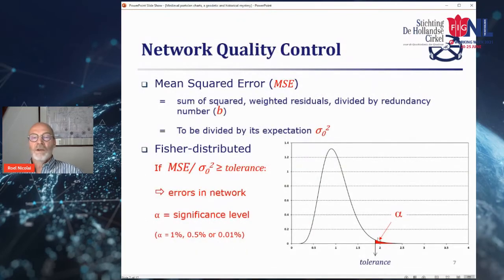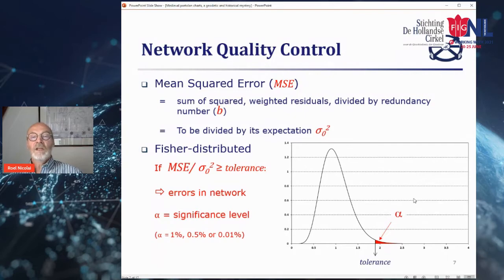The key quality measure for any geodetic network is the mean squared error, the sum of the squared weighted residuals divided by the number of redundant observations. When the measurements are Gaussian distributed, this MSE will be Fisher distributed, named after Ronald Fisher, who introduced this test in the 1920s.